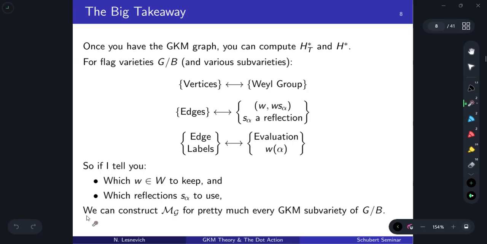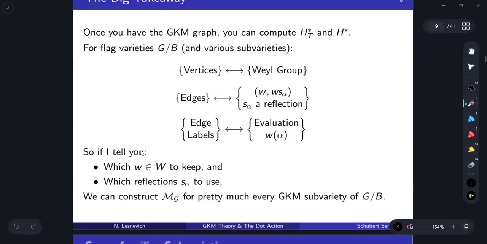We can construct the GKM graph and thereby compute equivariant and ordinary cohomology for pretty much every GKM subvariety of the flag variety, as long as it lines up with the same torus action.